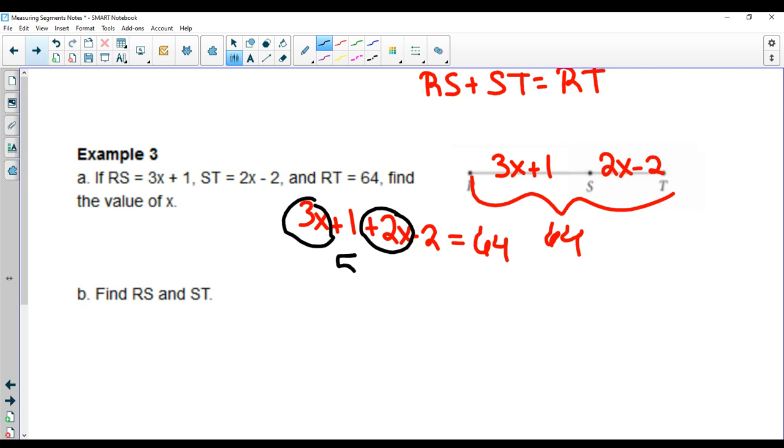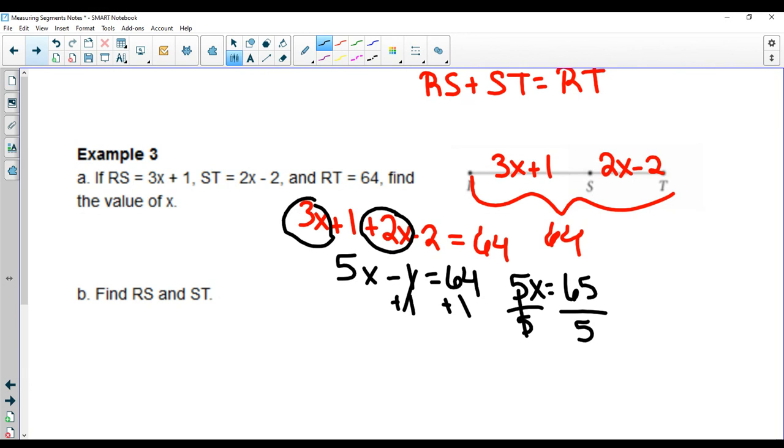Those are friends. 1 minus 2 is minus 1. Now, I'm going to start moving stuff, so if I have subtract 1, I'm going to have to add 1 to make it go away. Divide 5. X equals 13. So now we know what X is.